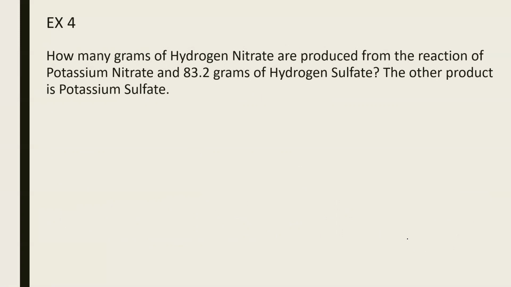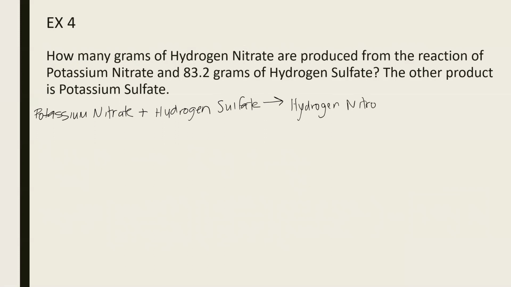That means hydrogen nitrate is a product from the reaction of potassium nitrate and hydrogen sulfate. Potassium nitrate and hydrogen sulfate are my reactants. How many grams of hydrogen nitrate are produced? So hydrogen nitrate is a product.